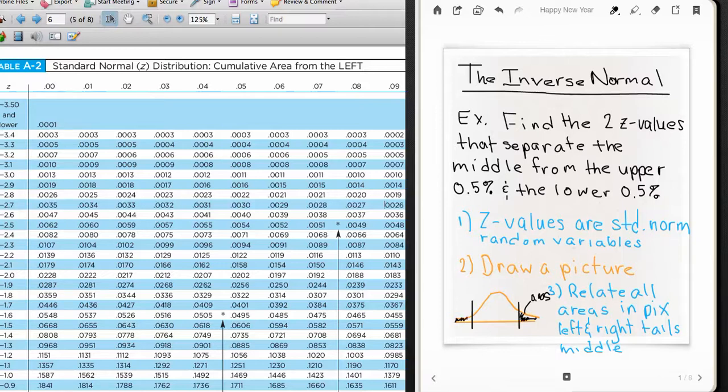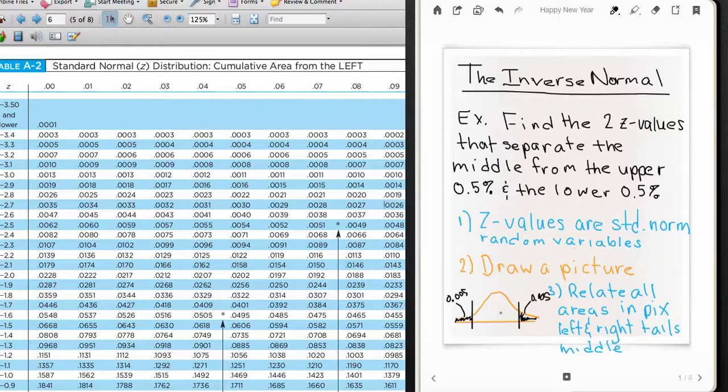And there's this 0.005 over here in the lower tail as well. So we're separating the lower 0.5% and the upper 0.5%, which I've changed to decimals, from the middle percentage.